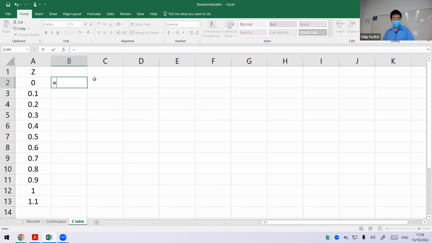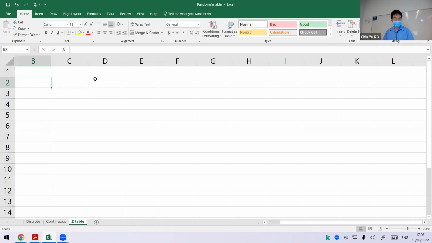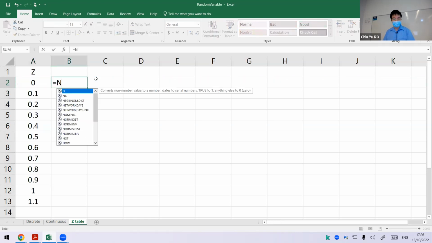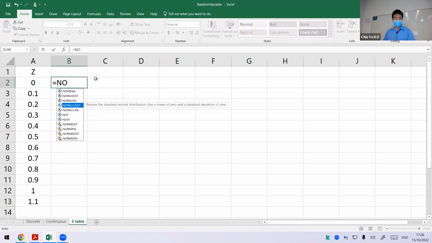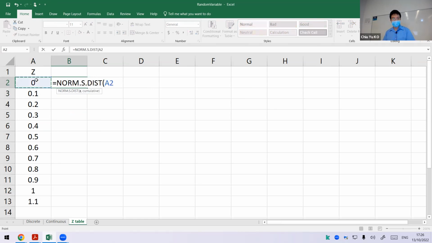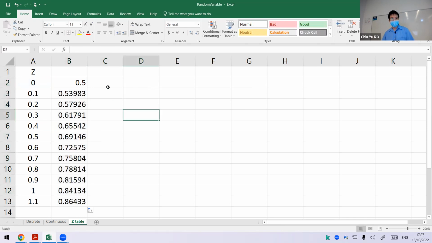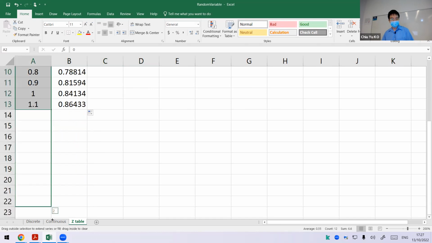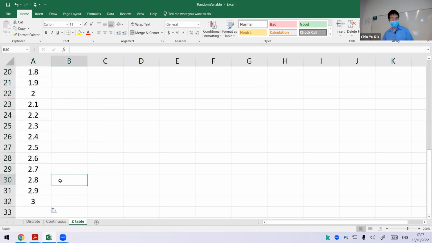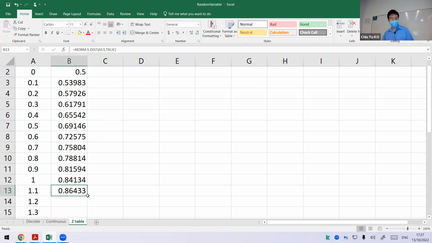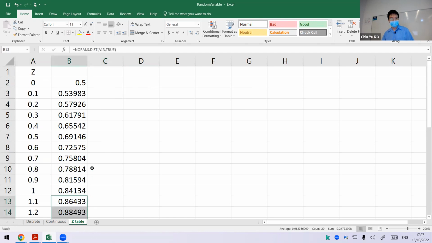So just NORM.S.DIST of 0, and we have true. Okay, and actually this gives us a table. So if you go further down, maybe up to 3, right? And that's how you create this Z table.